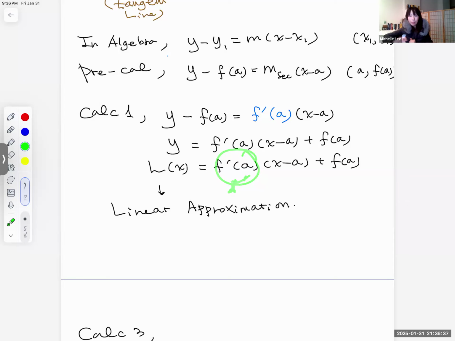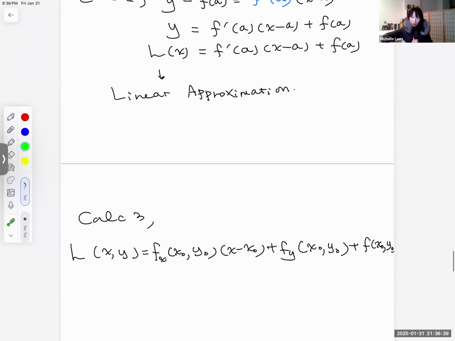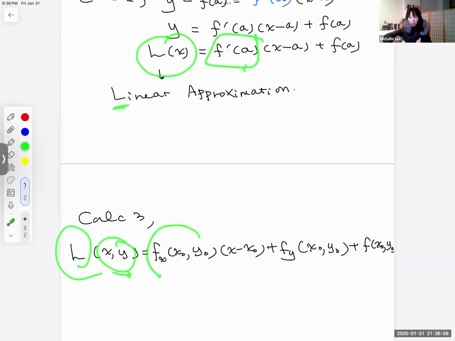So slope, right? Okay, so let's take a look. We are using the same L. That's the first letter from linear approximation. But we have more than one variable, right? So we are using xy. Then slope, how do we express it? Partial derivative with respect to x at the point. And then we are using the same, right?